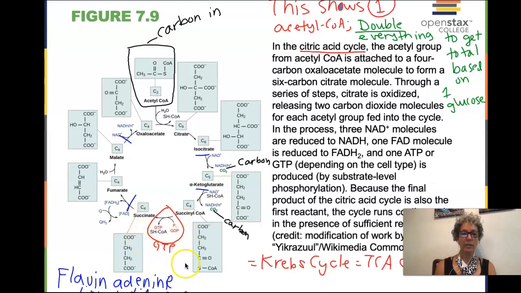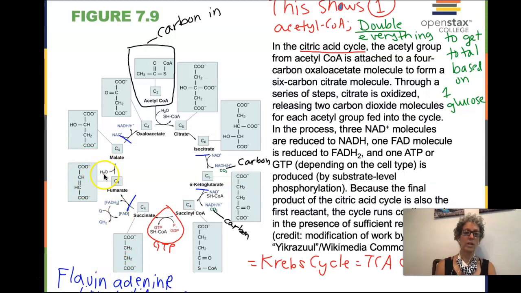When we do that, then we end up with succinate. We have a second electron carrier here called FAD, flavin adenine dinucleotide. So it gets reduced from FAD to FADH2, which means we are oxidizing succinate to fumarate.